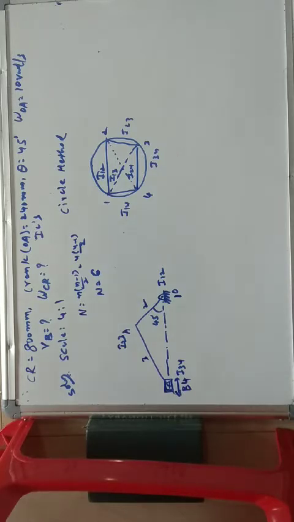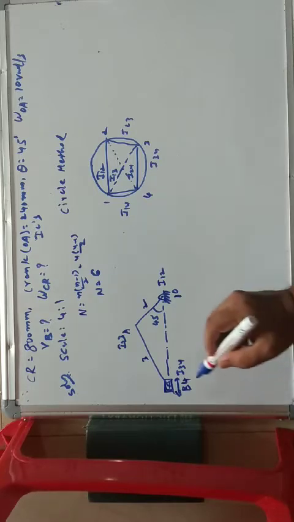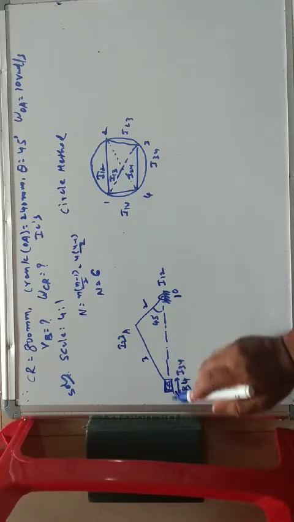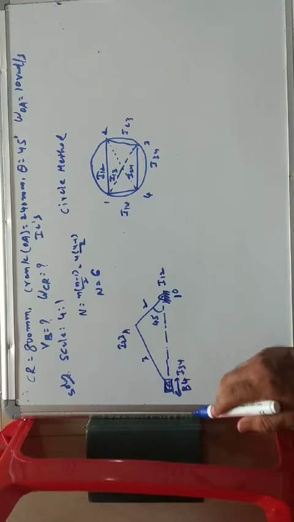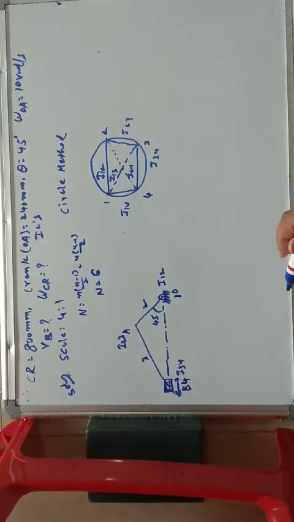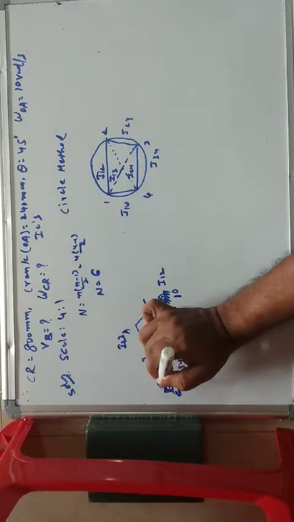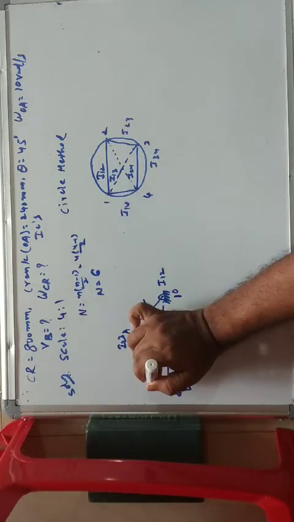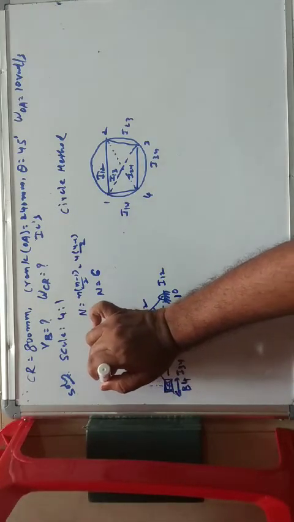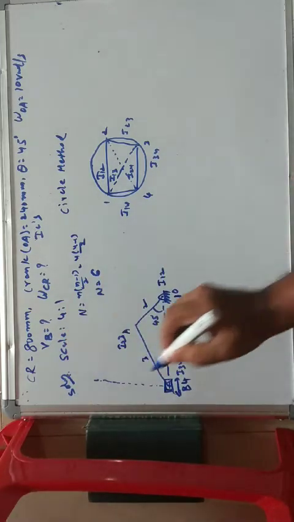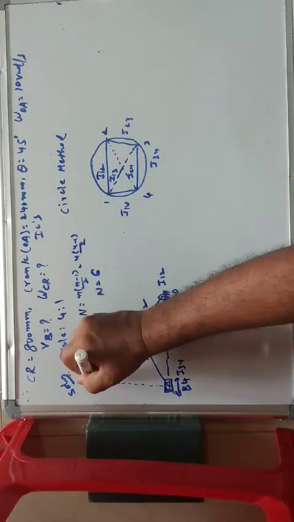Now I14 is nothing but, according to the rule, when the slider is moving in a linear fashion, its instantaneous center lies at infinity. Therefore here I will try to draw that at this point.